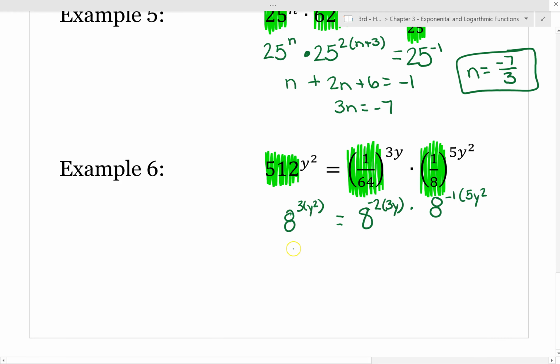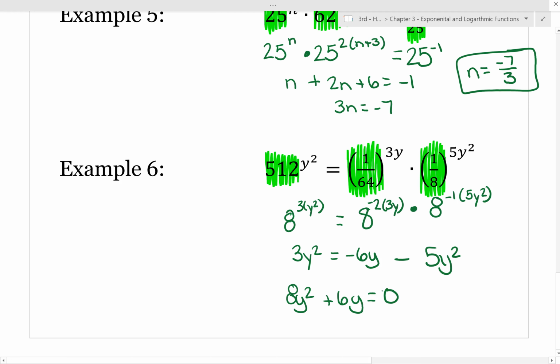So that means when we drop, we have 3y squared equals negative 6y. Remember, when you multiply, you add. And we get negative 5y squared. So I am going to erase that plus and just make it a negative. Okay, so let's get everything to the one side. So this means we would have 8y squared plus 6y equals 0.